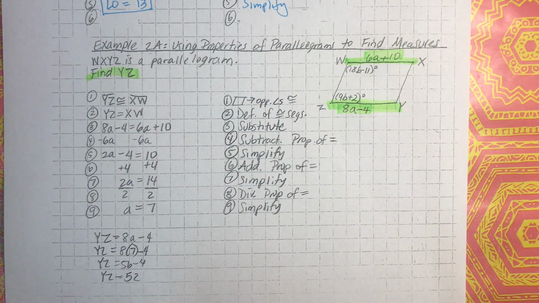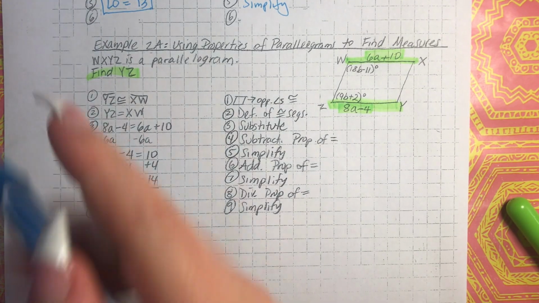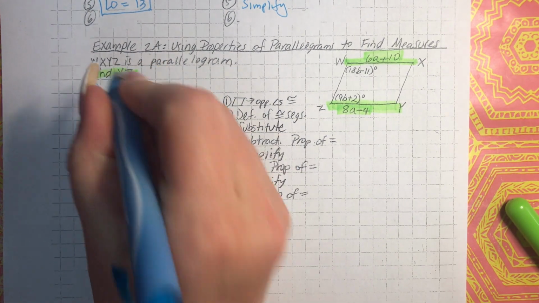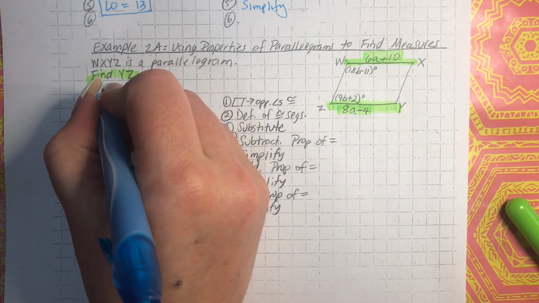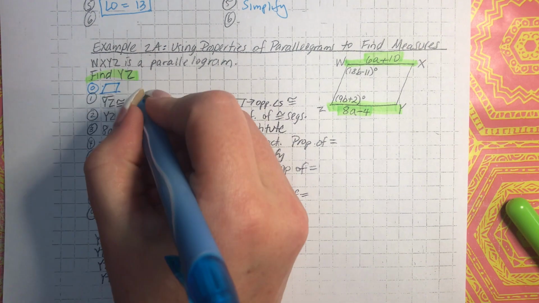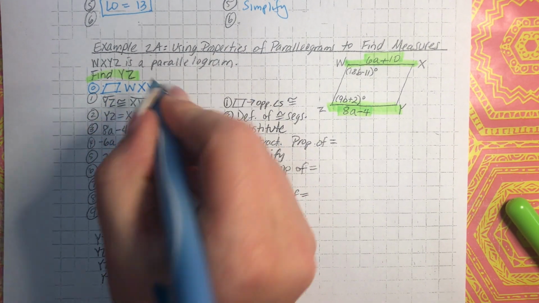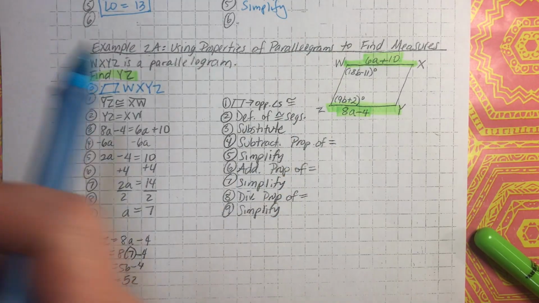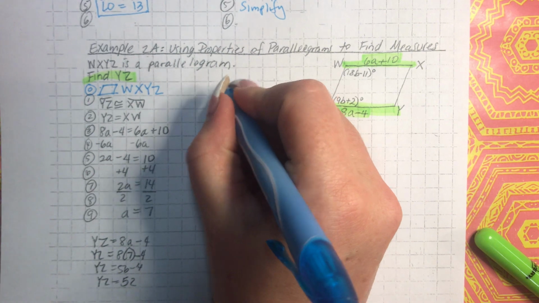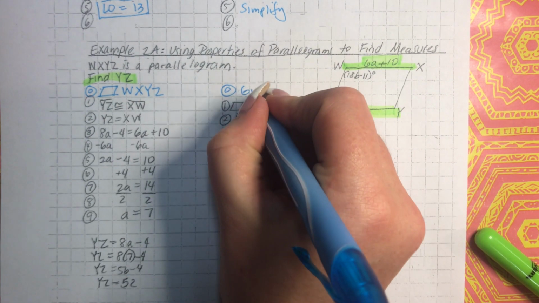So let's see here. The first thing we have to say is that we have a parallelogram. So parallelogram WXYZ. That opens the door to the 4 theorems, all right? So WXYZ, that is given.